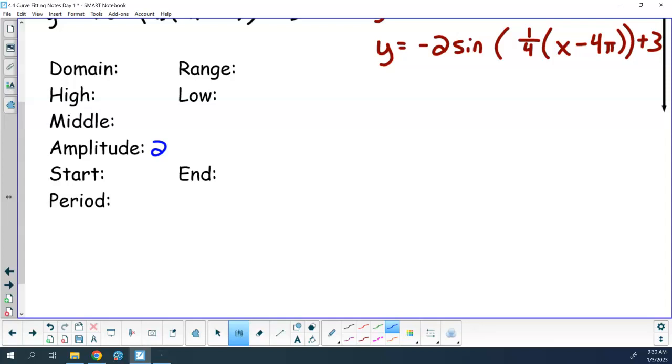Middle is 3. If the middle is 3 and the amplitude is 2, what is my high and my low? High is 5, low is 1. Which means my range goes from 1 to 5.